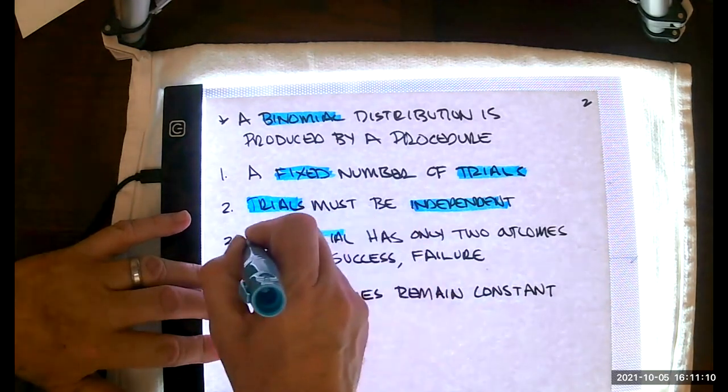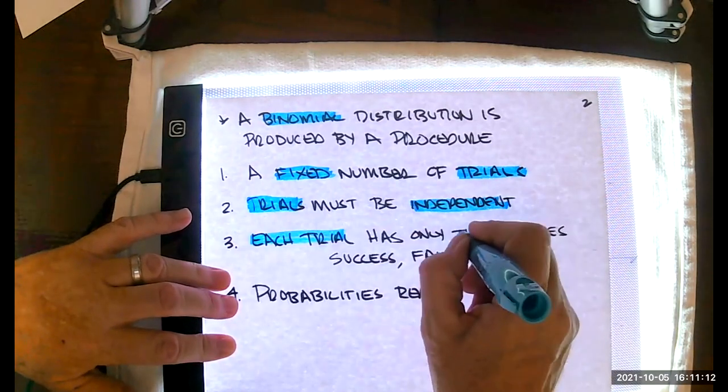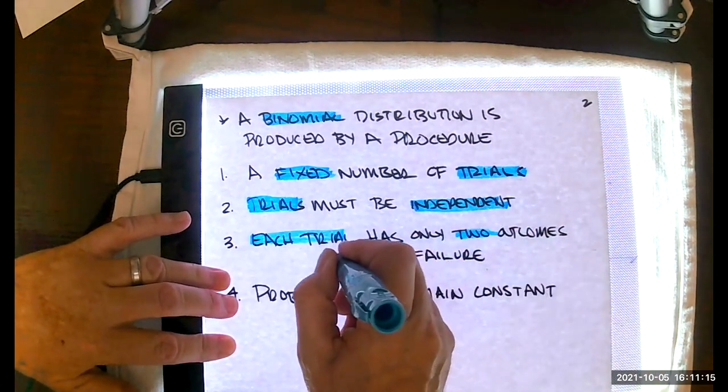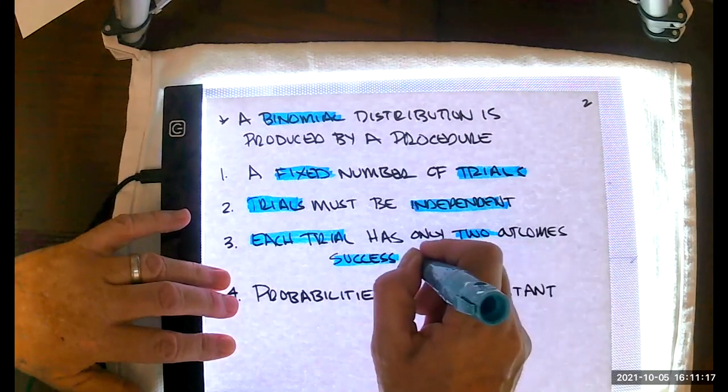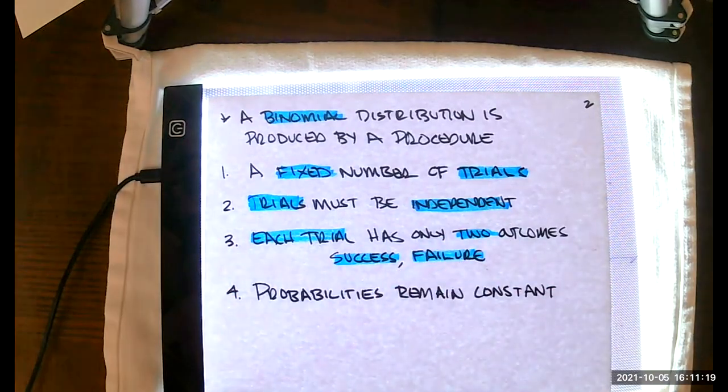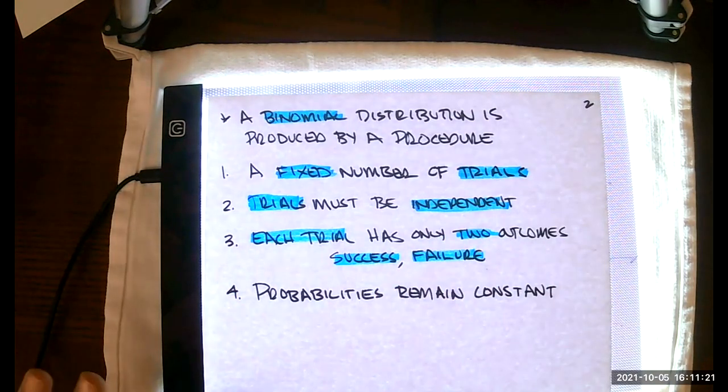Each trial must have two outcomes. We like to call those two outcomes success and failure, although you can't put a lot of emphasis on success being something good, possibly, and failure being something bad. The idea is you've got two outcomes, and you need to distinguish between the two of them.